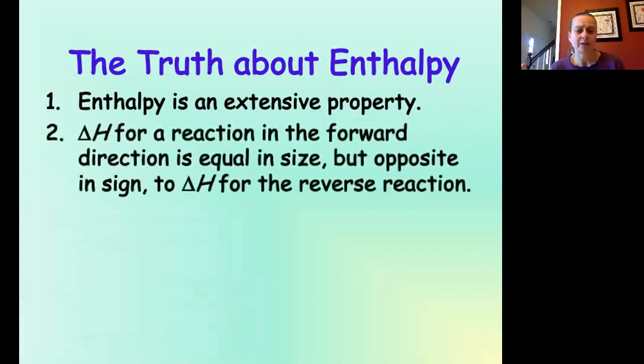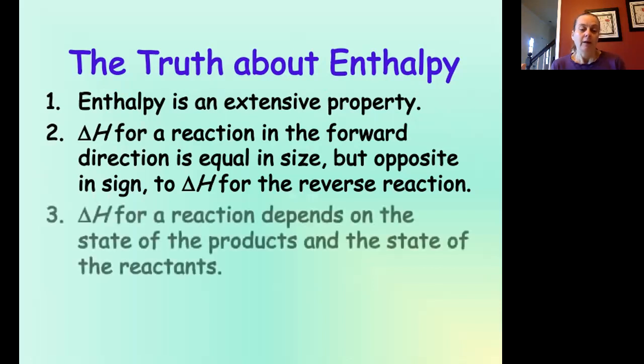Delta H for a reaction in the forward direction is equal in size but opposite in sign to the delta H of the reverse reaction. So if the forward reaction gives off energy, the reverse reaction takes energy, but it is the same amount of energy. Just the sign is different. And then the delta H for a reaction does depend on the state of the products and the state of the reactants. So pay attention when you look up enthalpies of formation.